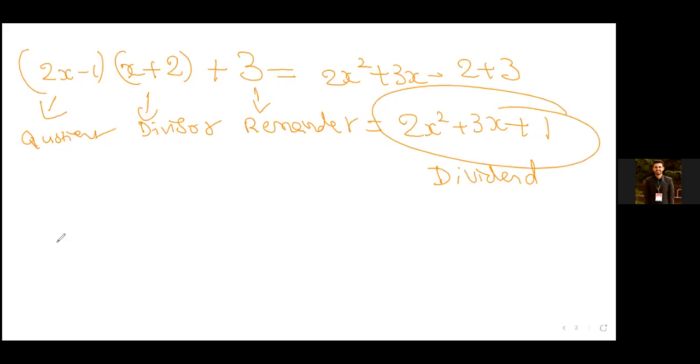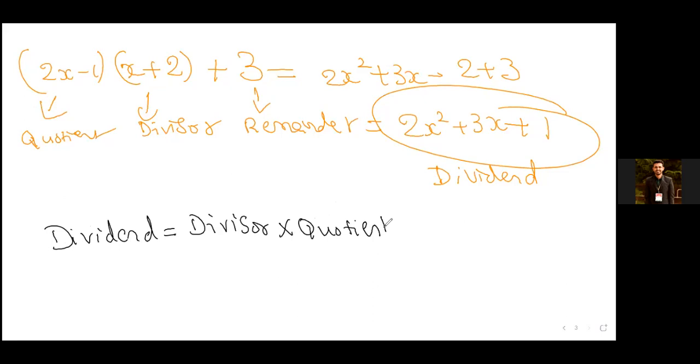And in general I can write always dividend is equal to divisor multiplied by quotient plus the remainder.